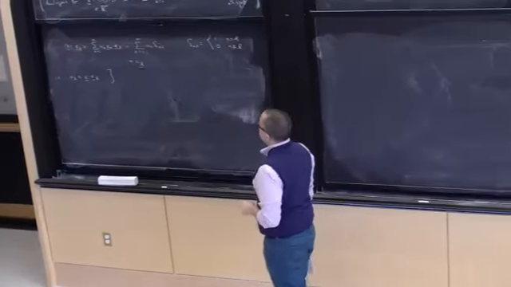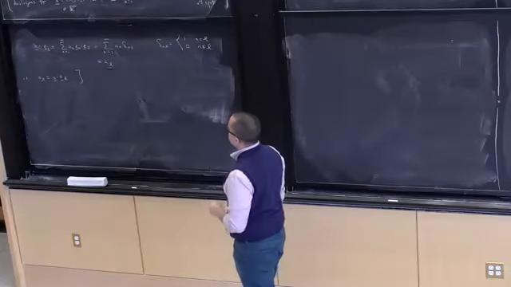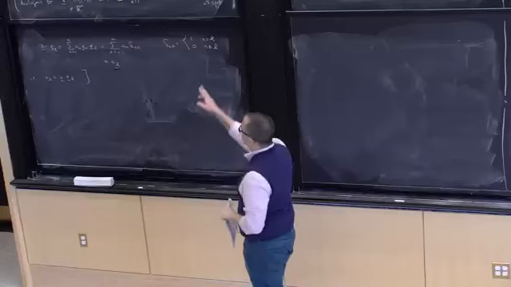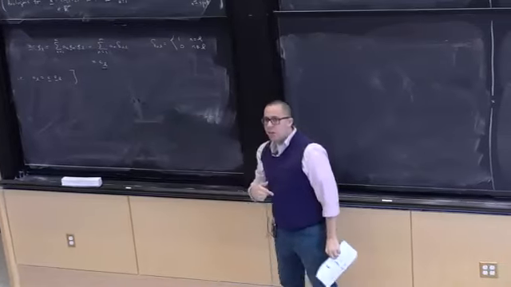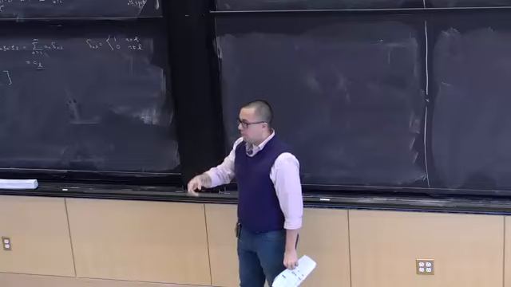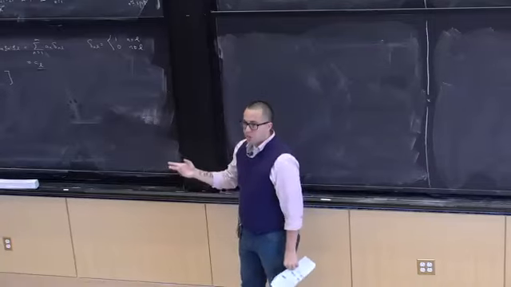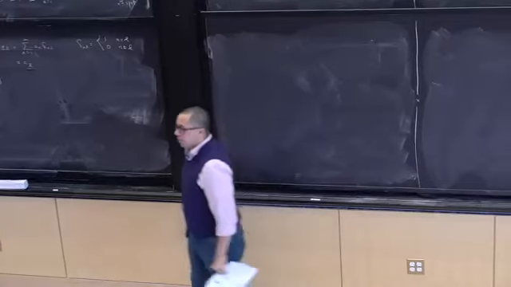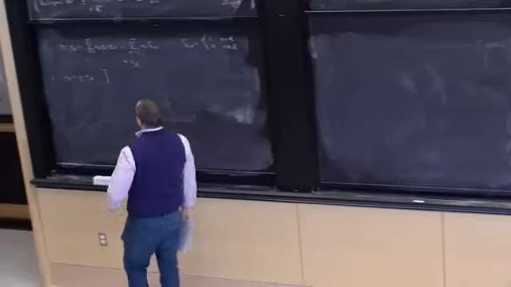So let's try to do the same thing now with f of x. These are functions, so instead of taking dot products, which is a sum of components, let's take an integral.